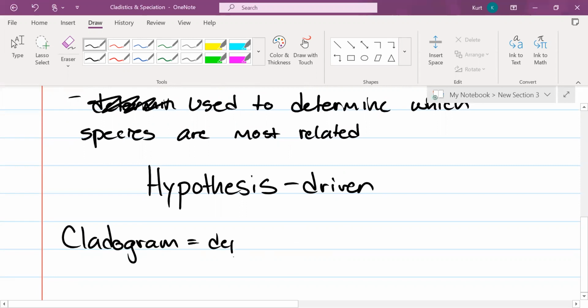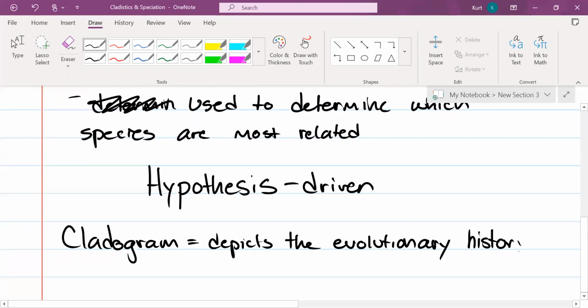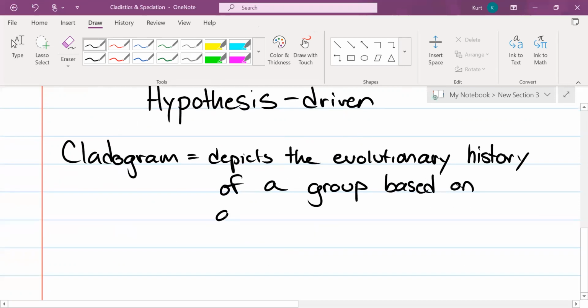A cladogram depicts the evolutionary history of a group based on available data.